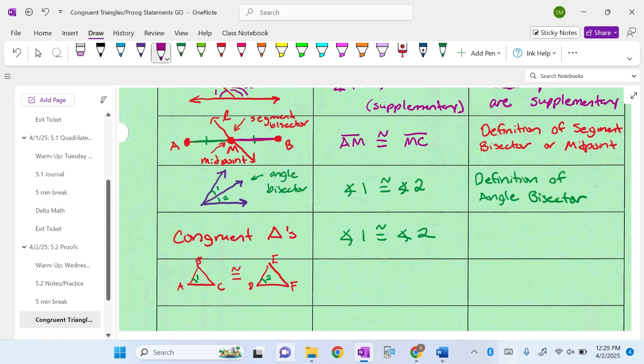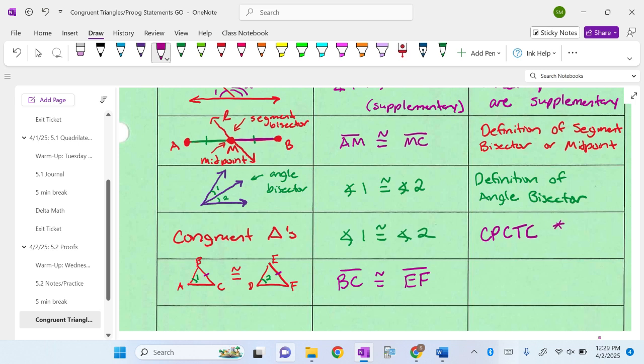If I pick any side, so any corresponding side on the congruent triangles, that means that those corresponding sides are congruent. So side BC is congruent to side EF. And the reason for that is CPCTC.